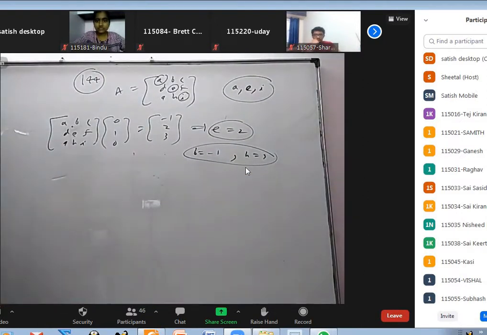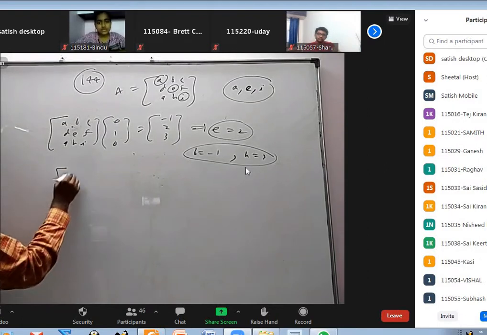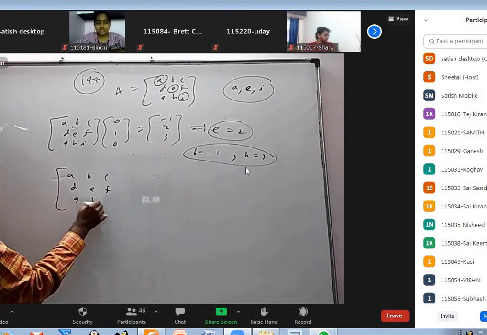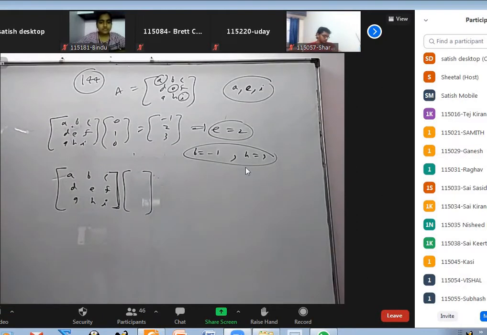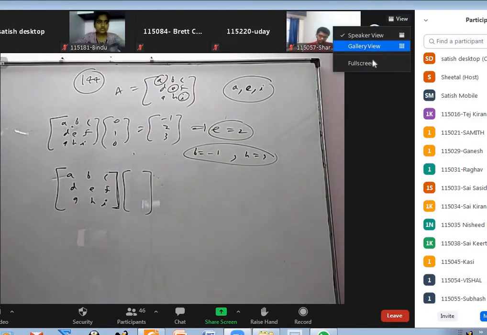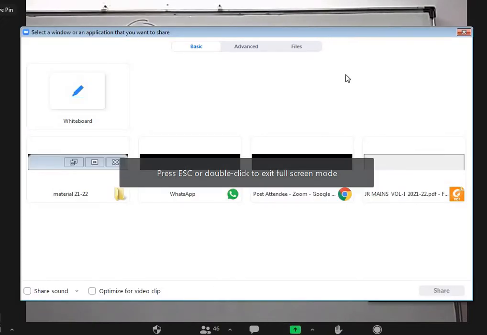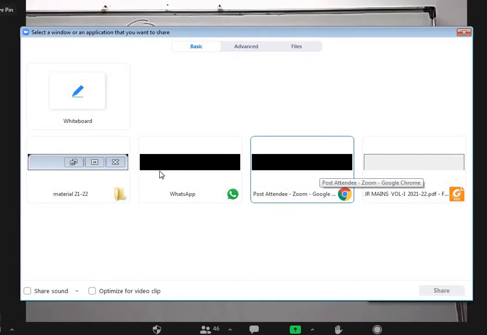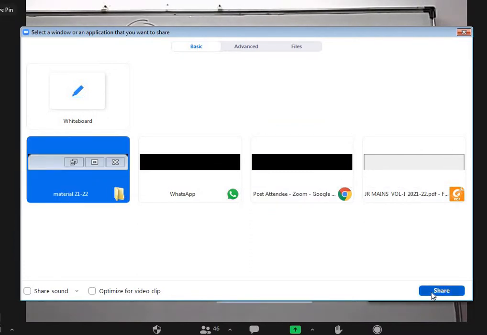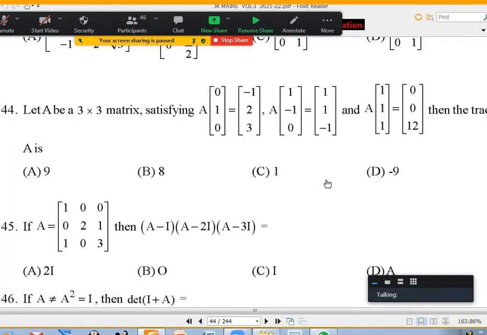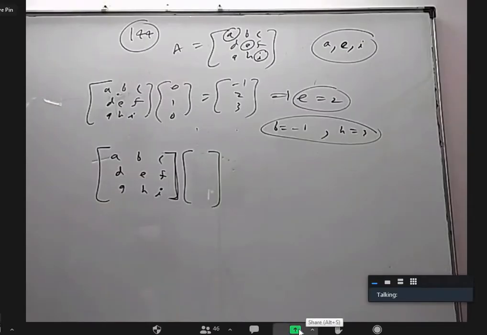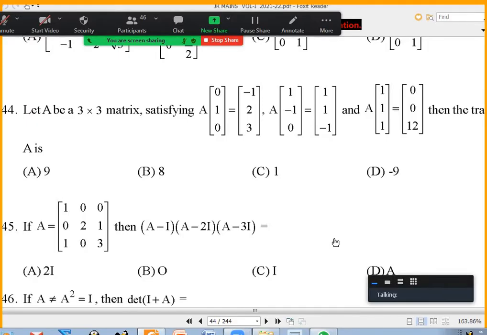I don't have any use of it. Understood. So the first equation gave me E and two more things, but I am not going to use them.